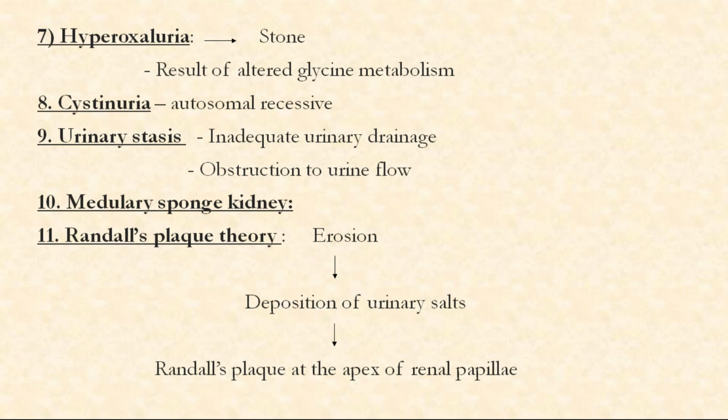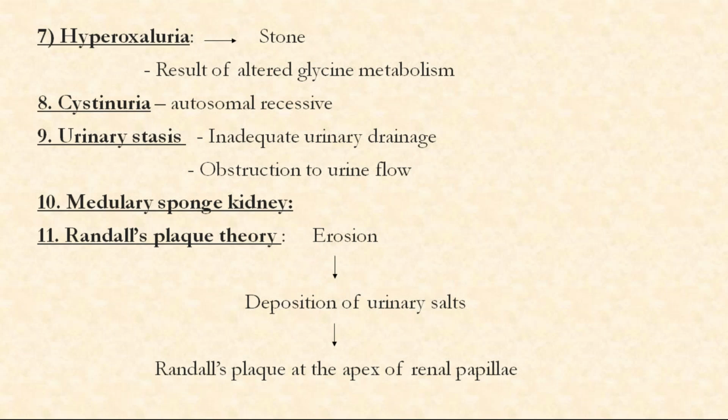Next, urinary stasis. I already told you, inadequate urinary drainage, meaning any obstruction in the ureter or ureteral injury, is likely to develop stasis of the urine. That is responsible for renal calculi, or obstruction of the urinary flow.